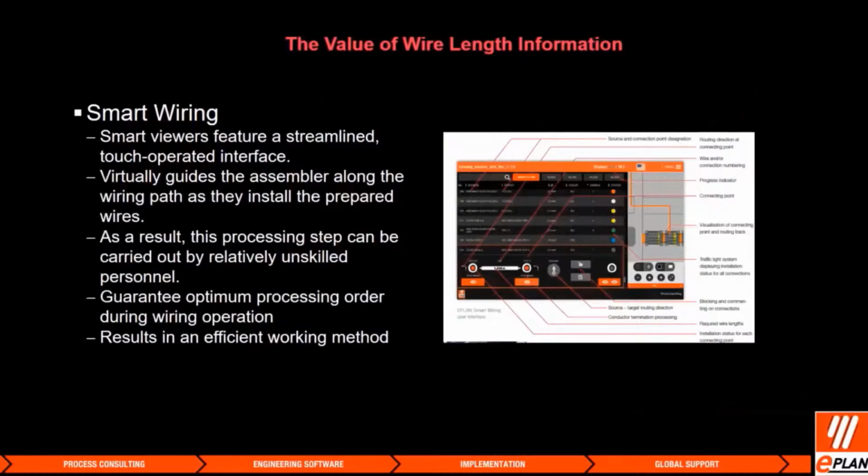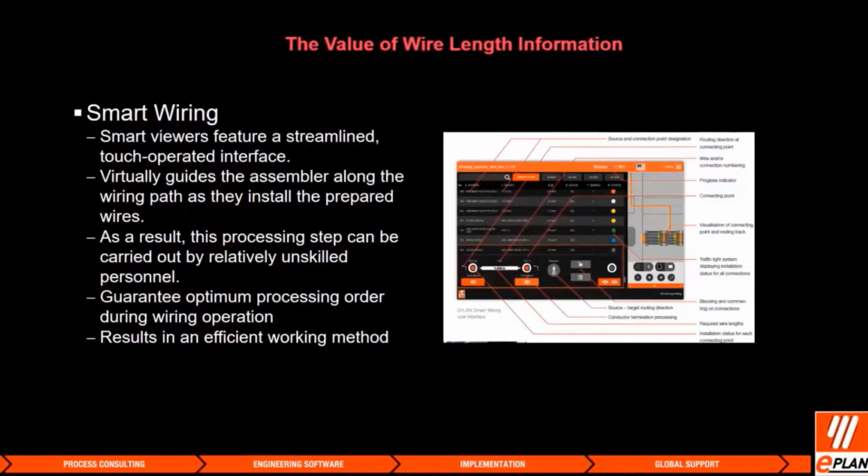And that matches up one-for-one with ePlan's solution for shop floor wiring, which is the smart wiring interface. This is a tablet or touchscreen based application which very clearly defines to the person doing the wiring how the panel needs to be wired, and wired correctly.